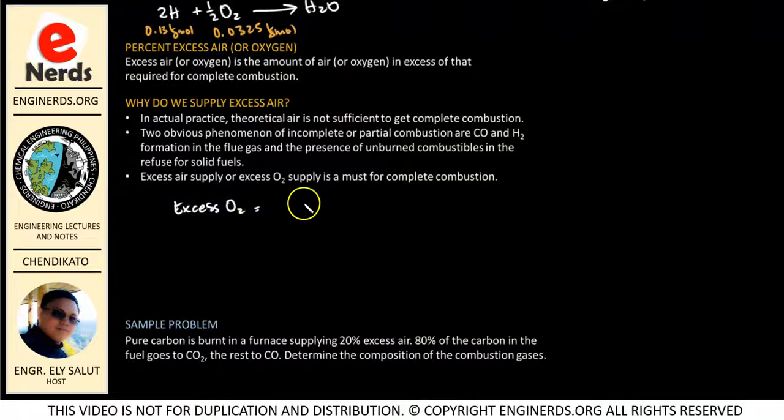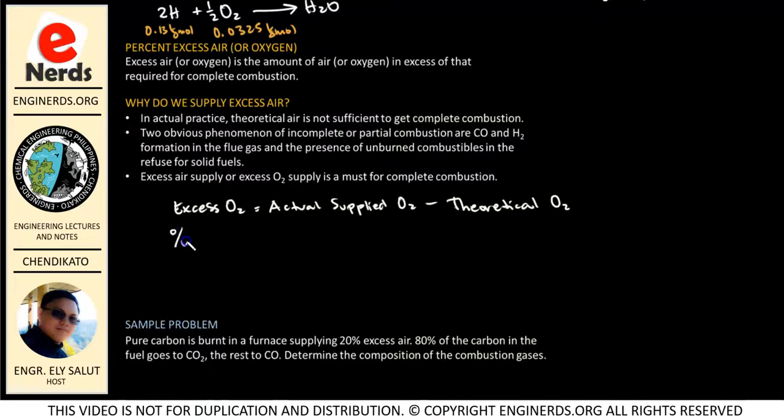Ang ibig sabihin lang ng excess O2 is yung actual supplied O2 minus yung theoretical O2. Okay? So, nag-supply ka ng higit sa ating theoretical O2. So, kung gaano karami yung dinagdag mo na sobra sa ating theoretical O2, yun ang ating excess O2.